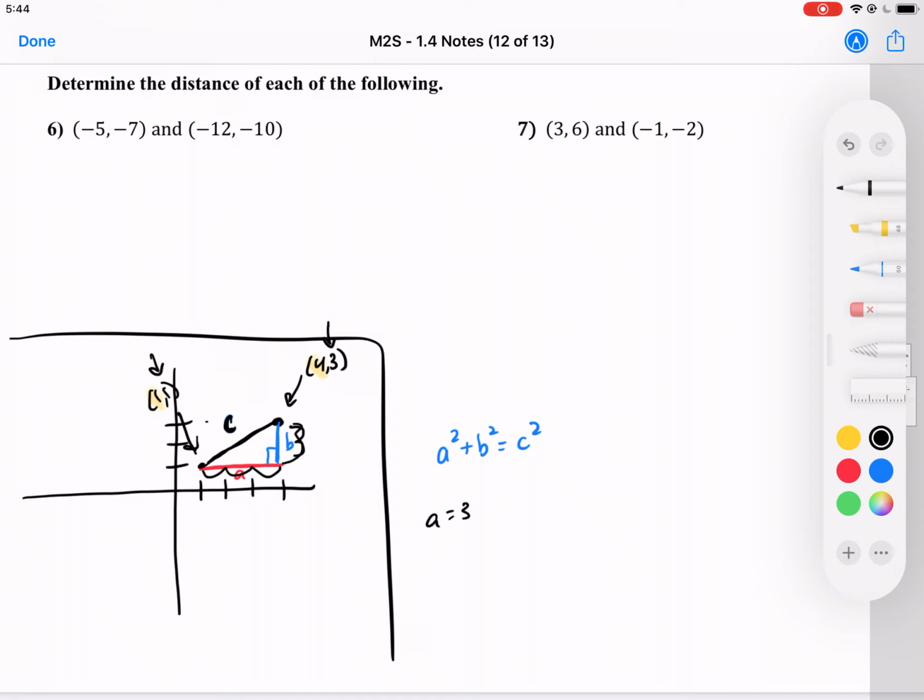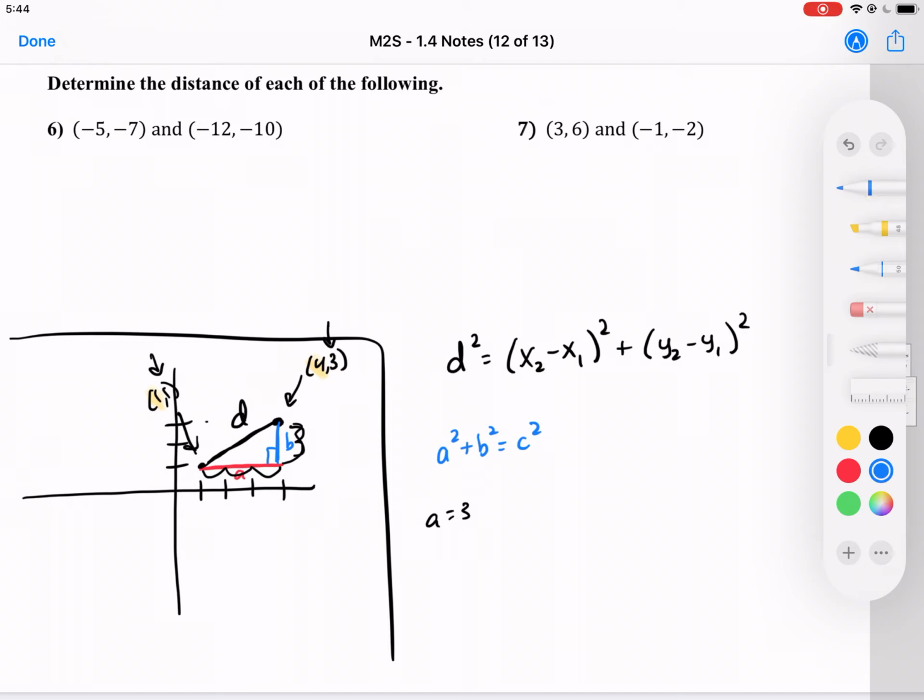So for our formula for distance, our distance squared, or c squared, I'm going to call that c our distance instead, so d, is going to equal whatever the x values are, subtracted from each other to find the distance. So we're finding the distance of the x values, so you just subtract them, plus the distance of the y values, so you just subtract those.